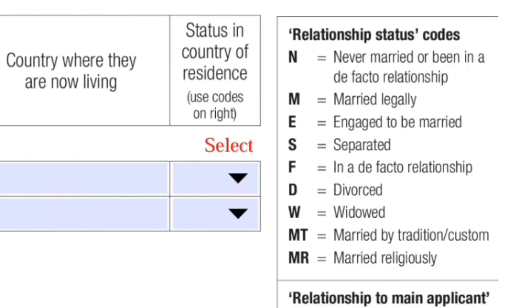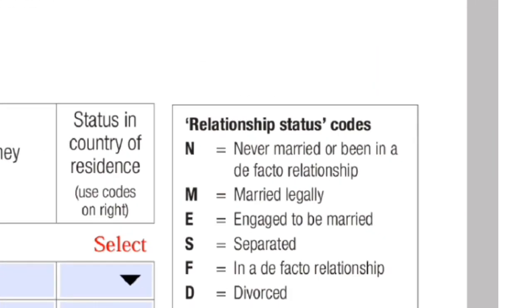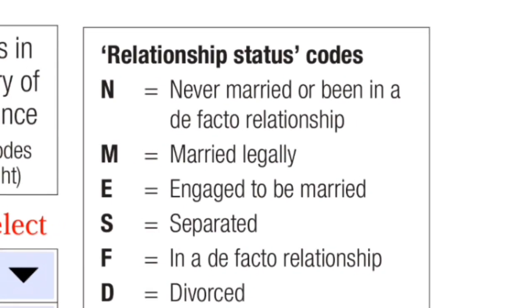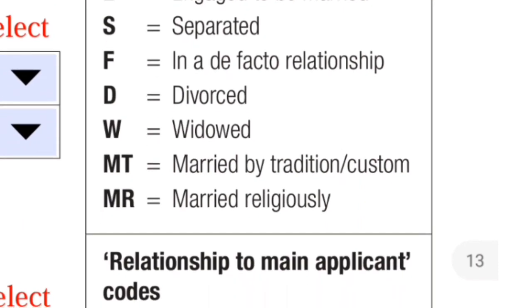For the person's relationship status, get help from the help table on the side of the page and select the status, for example, the letter M for married legally.